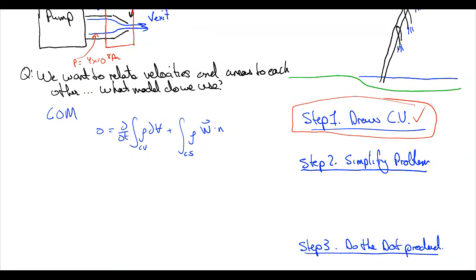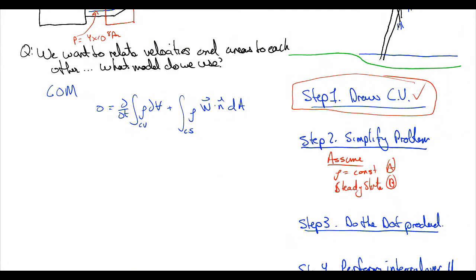Let's assume that density is equal to a constant. We're going to call that A. A steady state, we can call that B. And we're also going to assume uniform flow out of our nozzle.